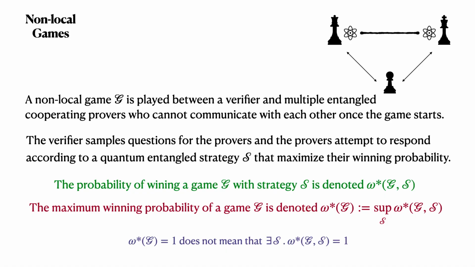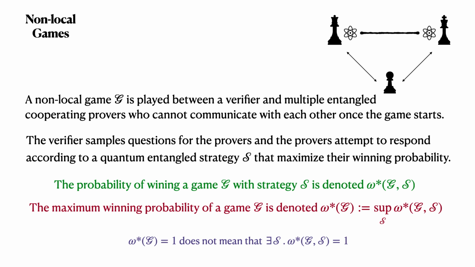So we are now going to define the main objects in our result. Let's start with non-local games. A non-local game can be thought of as a multi-prover interactive protocol with one round. More precisely, a non-local game G is played between a verifier and multiple entangled cooperating provers who cannot communicate with each other once the game starts.